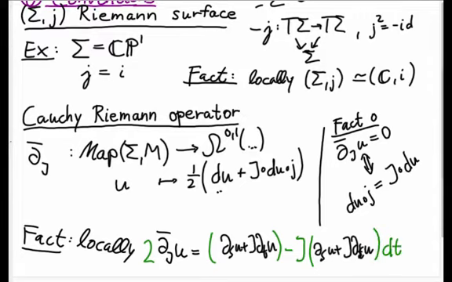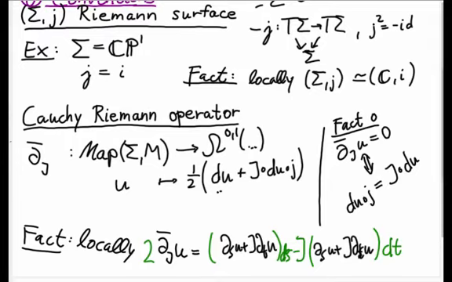Now you want a ds. Ah, yes. Thank you. Right, so meaning d bar u is 0 if and only if d_s u plus j d_t u is 0 in local coordinates. Nice. So that helps us with the analysis.